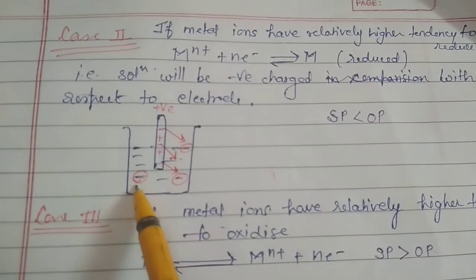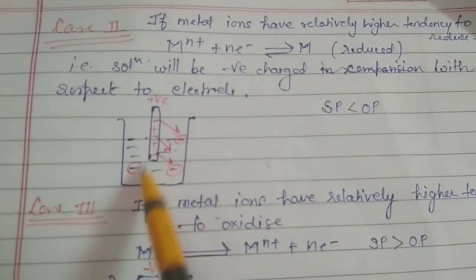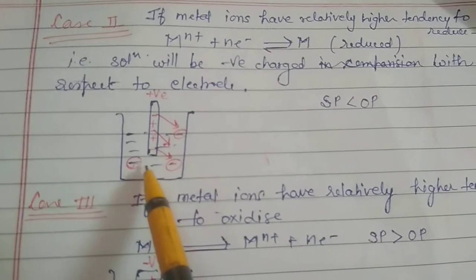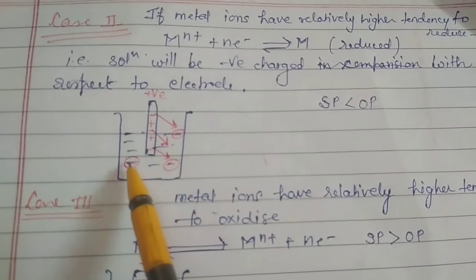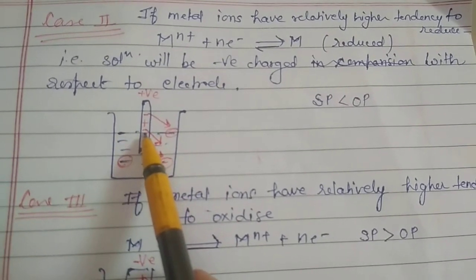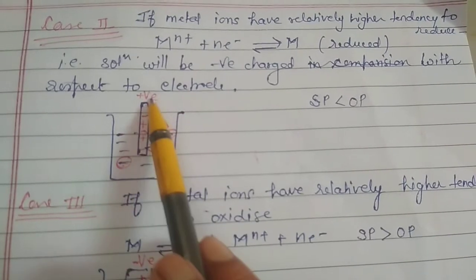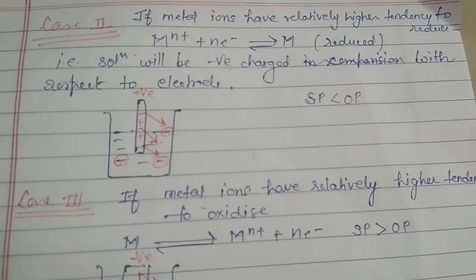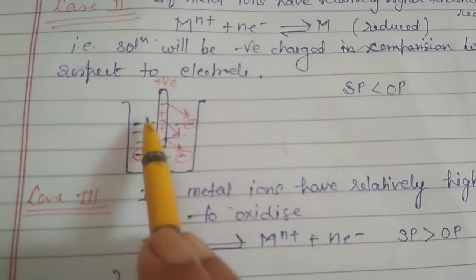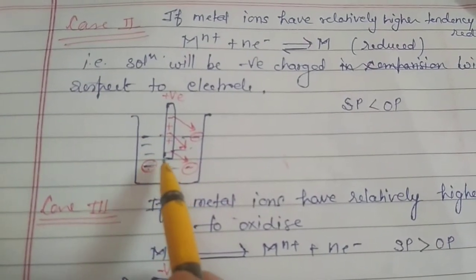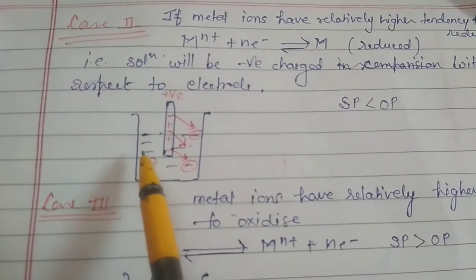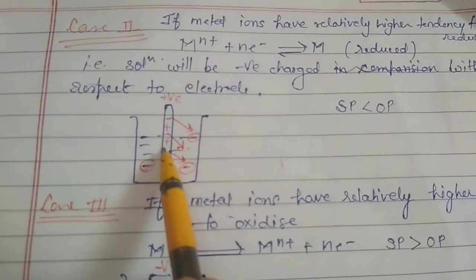If the metal ion from the solution moves towards the rod, the solution would now be negatively charged, and as it is consuming the negative charge from the rod, the rod would now be positively charged. I think you must be getting it now. In the electrolyte, we have positively and negatively charged ions. The metal ion is common with the metal, so the metal ion moves towards the rod.